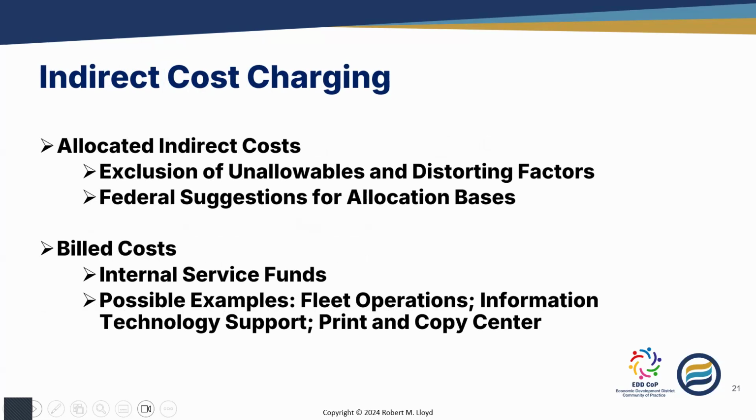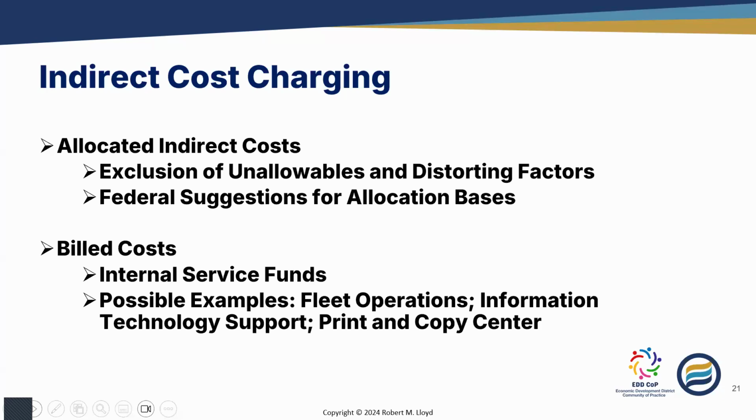So, for example, the cost of capital expenditures that are incurred within an indirect cost pool would be excluded because that's a distorting factor in terms of its allocability. Now, those guidebooks that I referred to earlier actually make some suggestions about how allocated costs are to be distributed. And this is not rocket science.